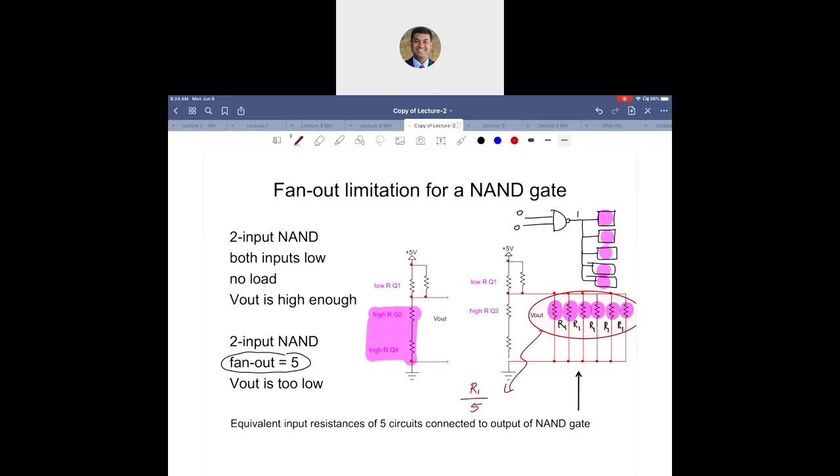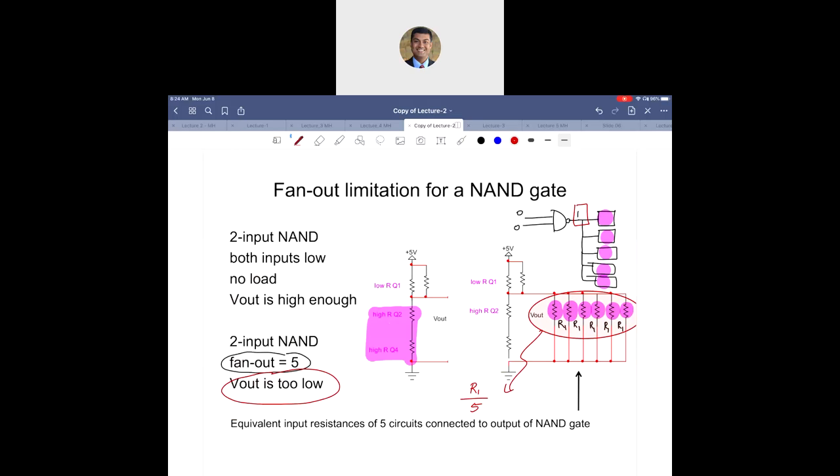Because the R has gone down by a factor of 5, V also goes down by a factor of 5. Which means that V out is probably going to be too low, and we don't want that. We still wanted the output to be high, but we may not get it because we have connected too many things at the output of that gate that are effectively going to be in parallel.